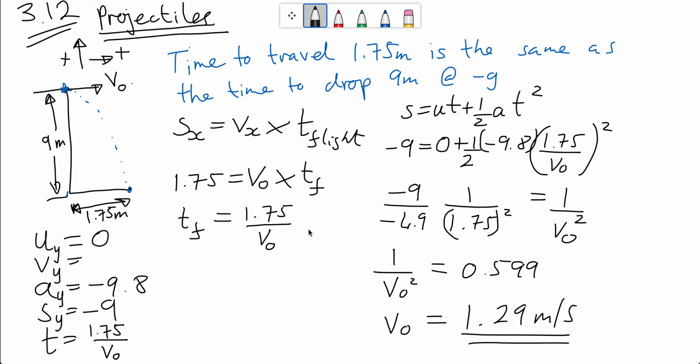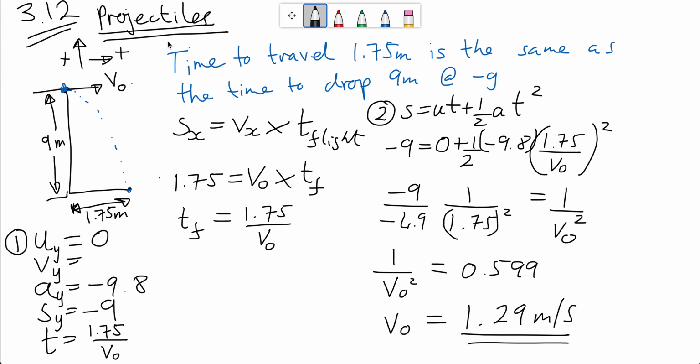So with this calculation, we always go through the same steps. We list u, v, a, s, and t. Then we choose our equation, put the values into that equation, do the calculation and find what we want.